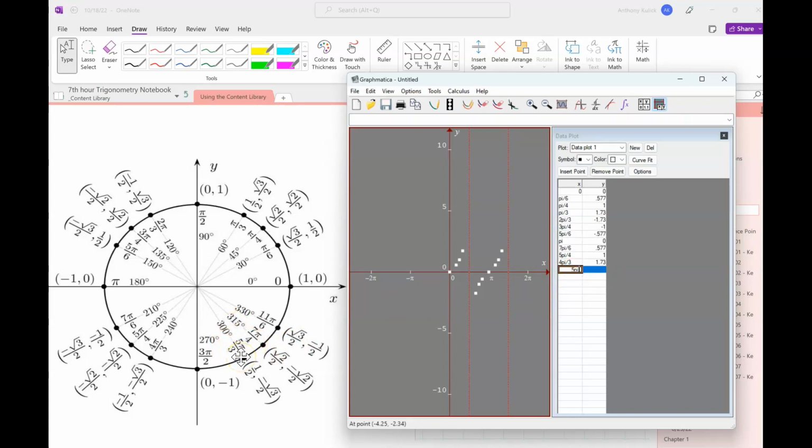So 5 pi over 3 comma negative 1.73. And then 7 pi over 4 negative 1. And then 11 pi over 6 negative 0.577. And then 2 pi comma 0. And then we could just keep going around the unit circle again, but let's not, right?